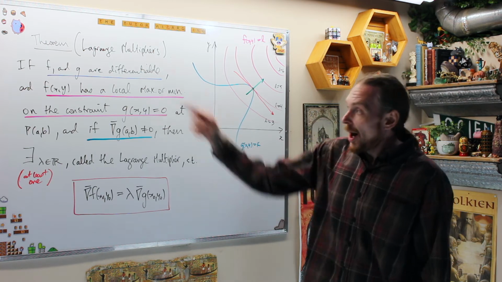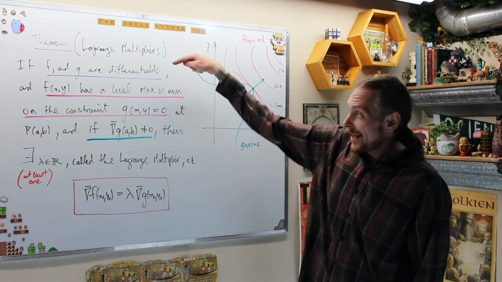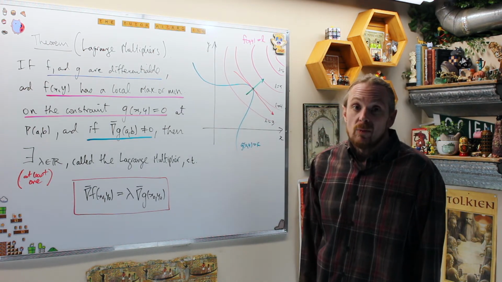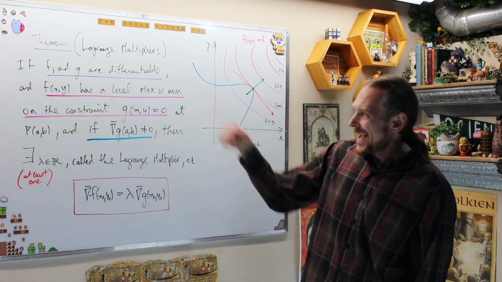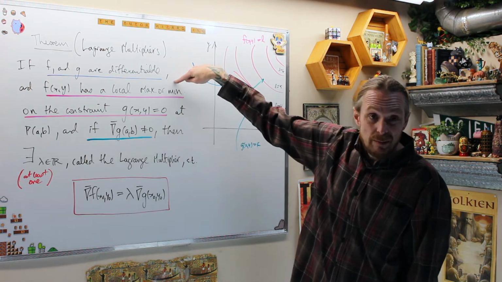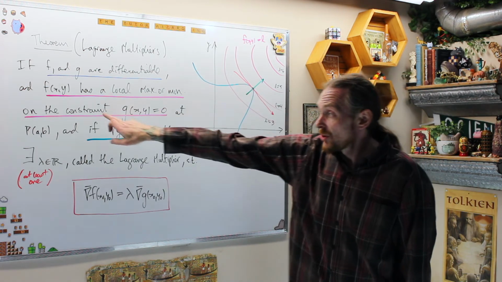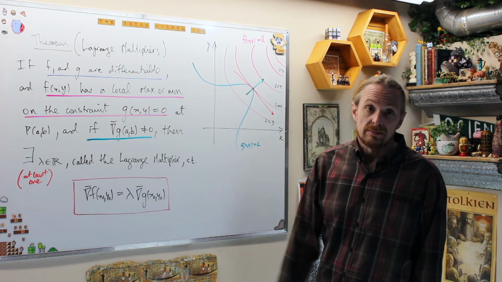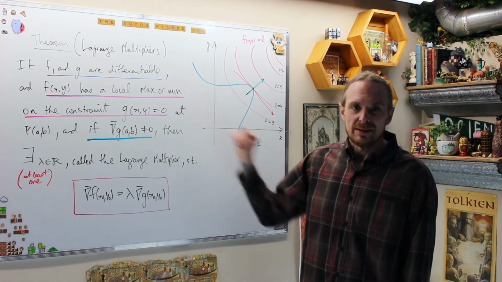If f and g are differentiable functions of x and y, or x, y, z, and f of x, y has a local max or min, we're trying to maximize or minimize f on a constraint g of x, y equals 0. I know equals k, equals 0, don't worry about the subtlety.